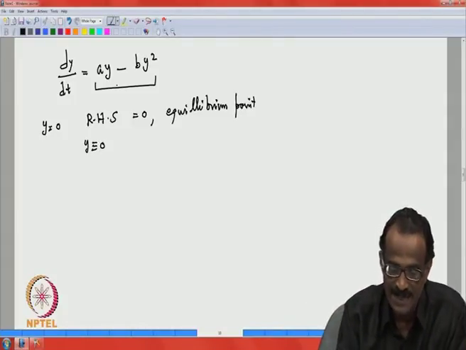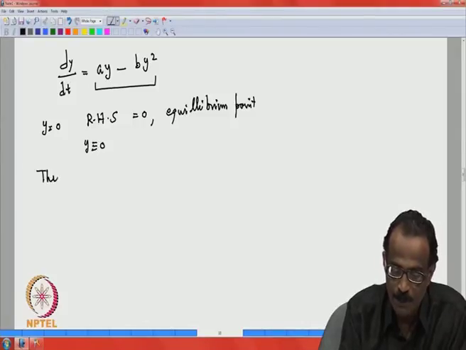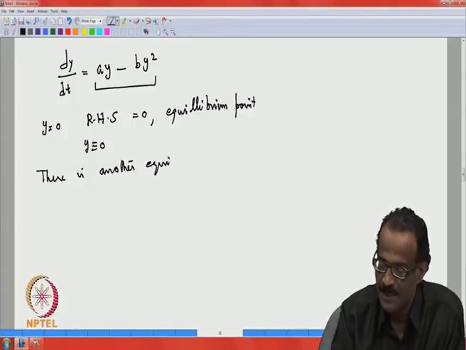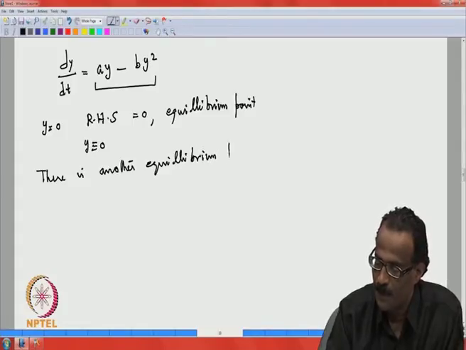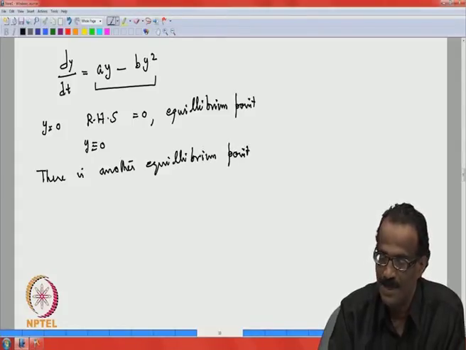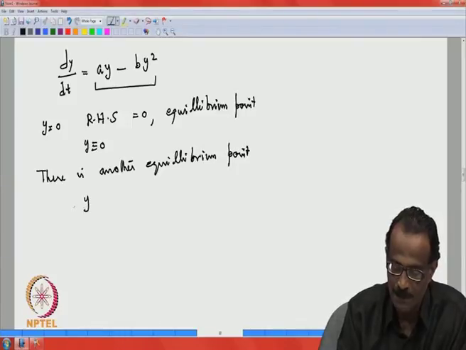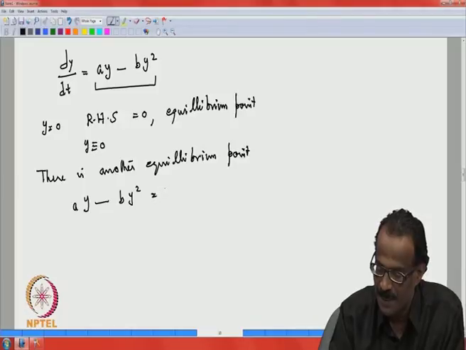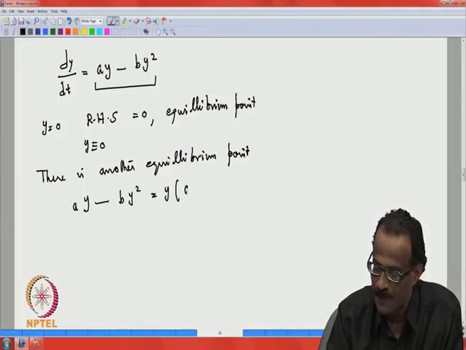The interesting thing is that there is another equilibrium point. What is that equilibrium point? a y minus b y square can be written as y into a minus b y.